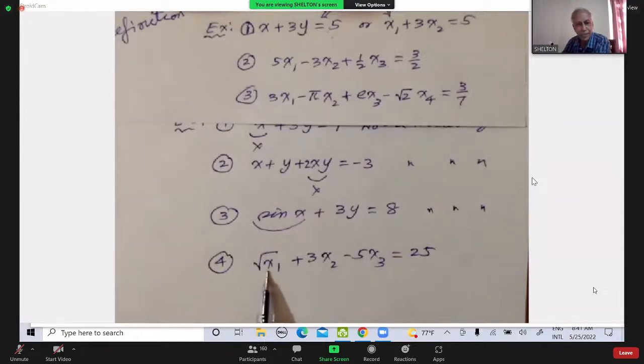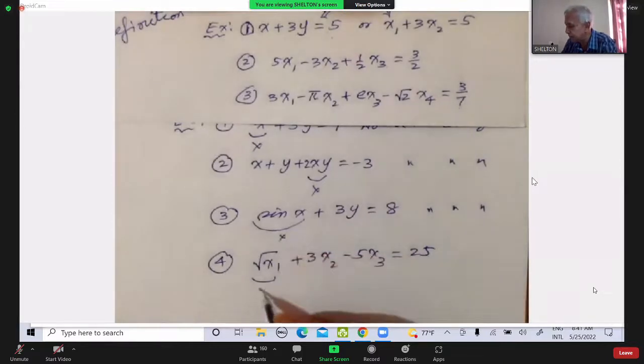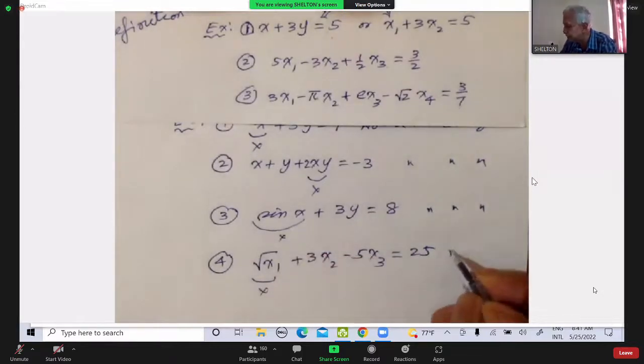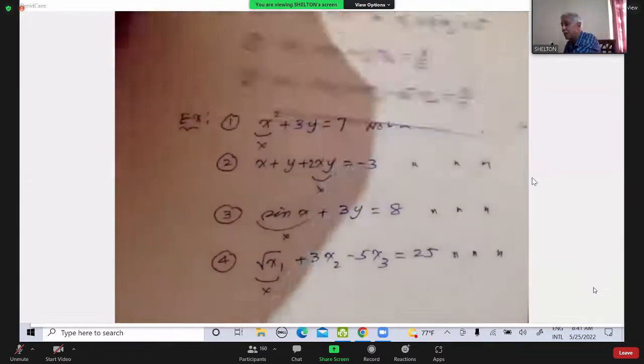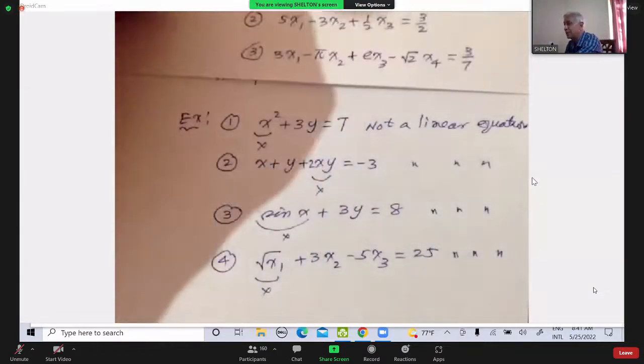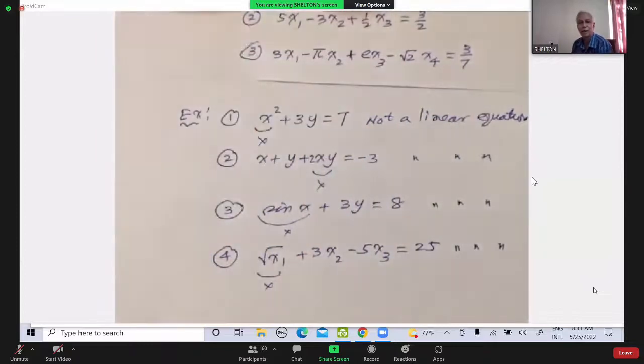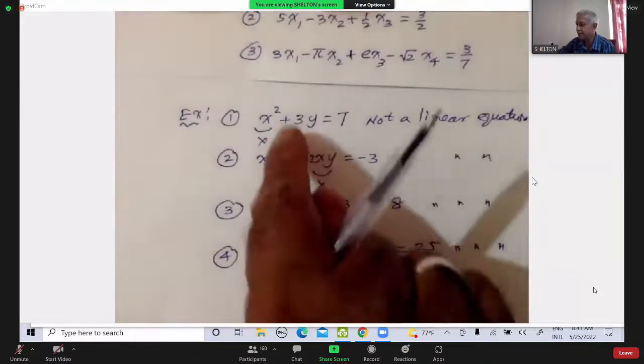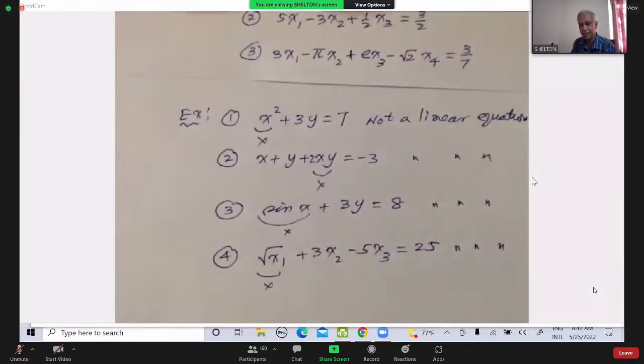But here it is not a variable multiplied by a constant, it is the square root of a variable. That is not allowed for a linear equation. So this part is bad, so it's not a linear equation. So you see how elementary linear equations are. None of these types can be considered linear equations.